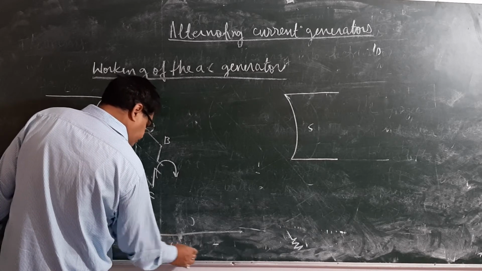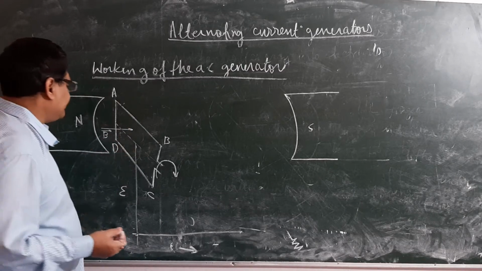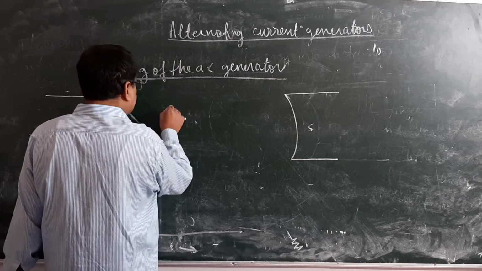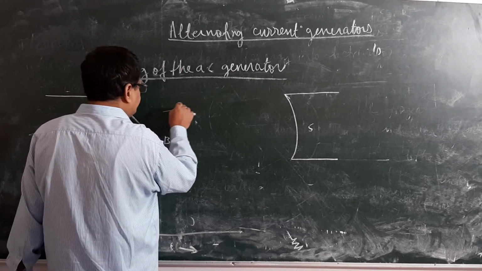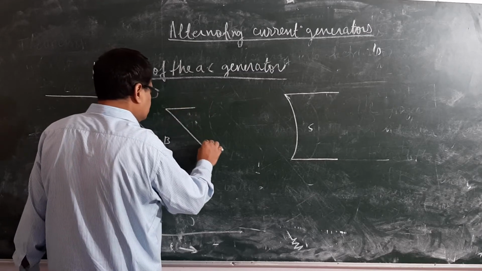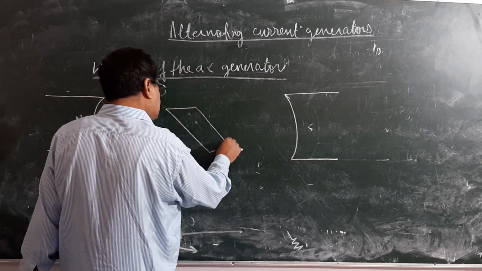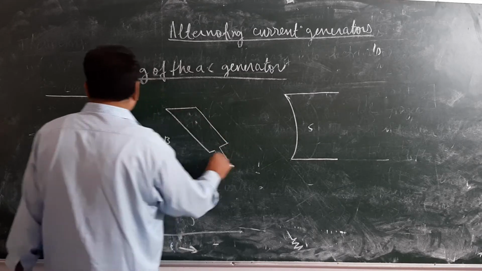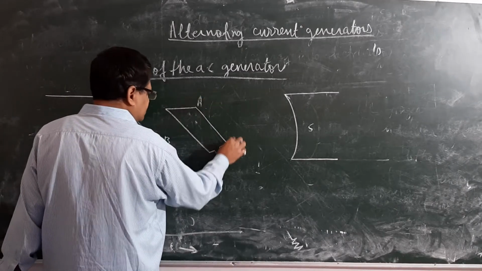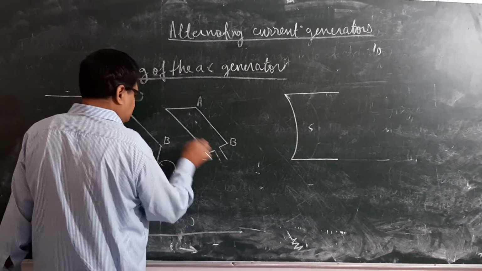So, suppose it is made to rotate further and it becomes horizontal. So, this coil attains this position. That is, this end AB will be like this. And this CD will be like this.